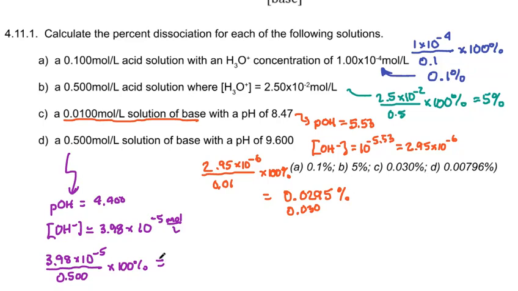And that gives us 0.007962143%. This has 3 sig digs, this has 3 sig digs, so we would trim this off at 0.00796. The zeros aren't significant, but these 3 digits are.